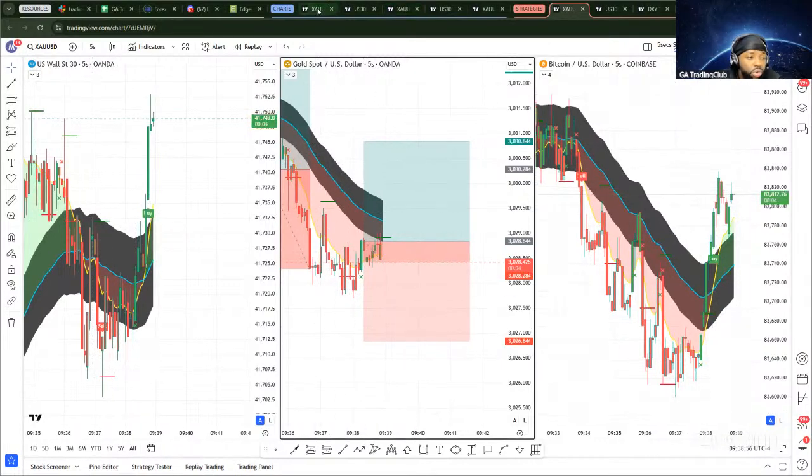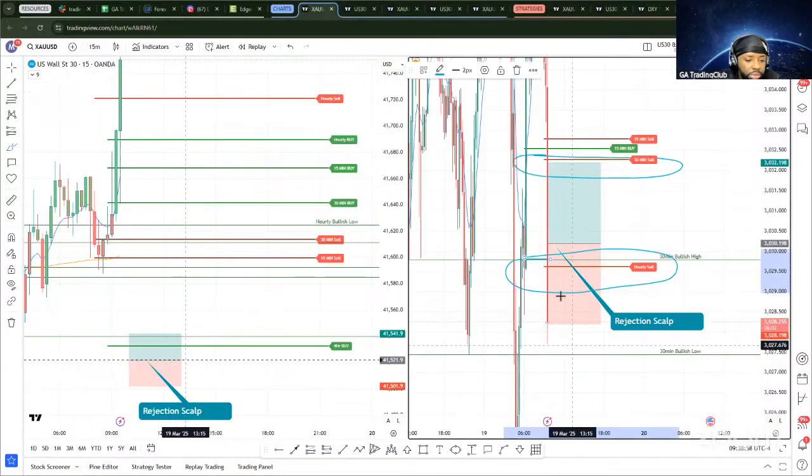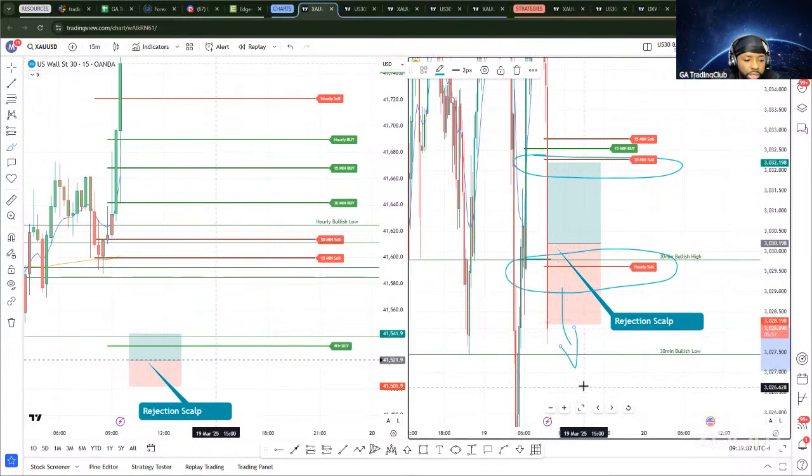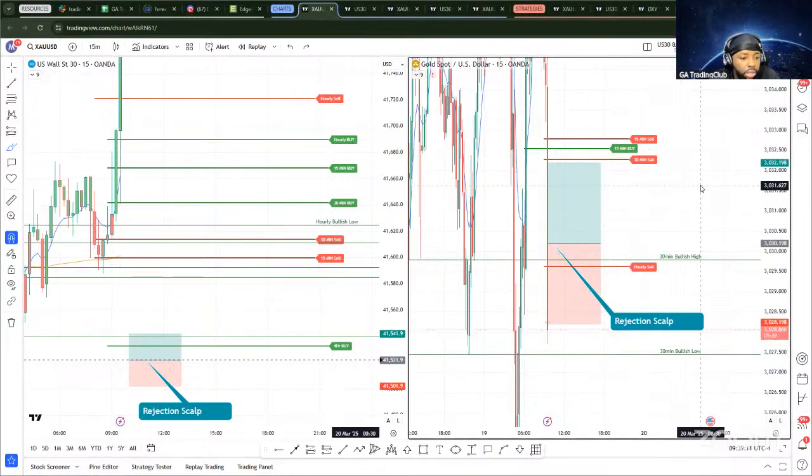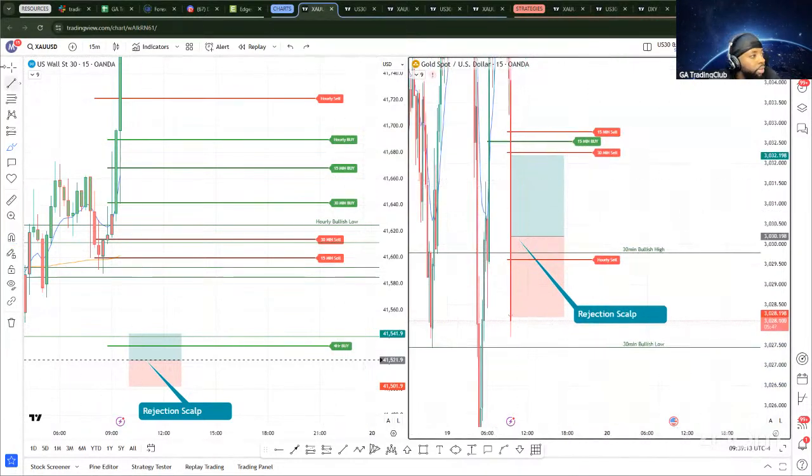But if we do drop back down below, gold will probably come down to 3027.5 before pushing anywhere back up. So I'll just delete these regions for now, and then I'll take a snippet of this. Let me save this.